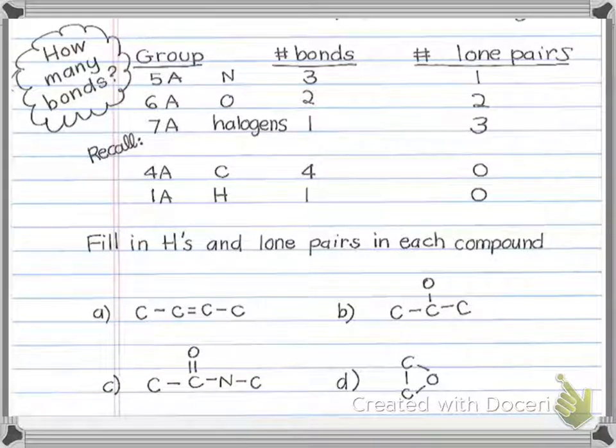So we're going to be drawing structures of organic molecules. And if you recall, when we learned to draw Lewis structures, we had to count up valence electrons and place them around central atoms so that each element would have 8, except hydrogen, which would only have 2. Now, in organic chemistry, the atoms tend to follow the Octet Rule very well.